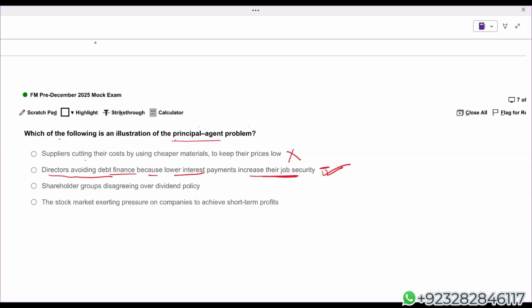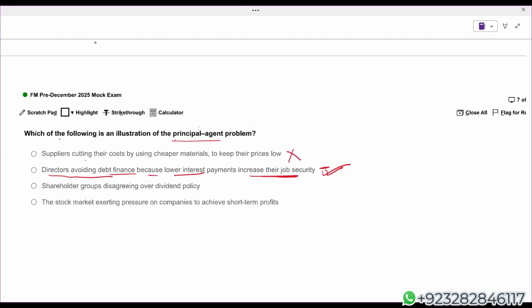Directors are supposed to work for the benefit of the shareholders, because ultimately the beneficiaries are the shareholders.